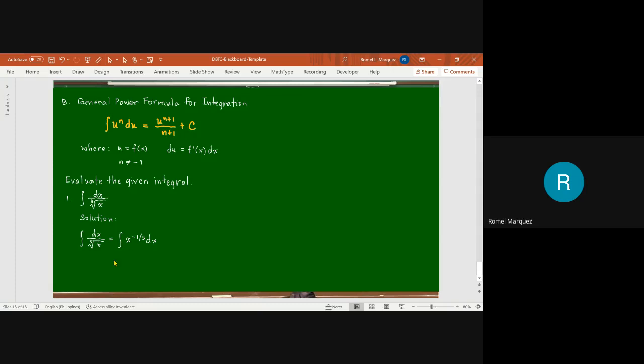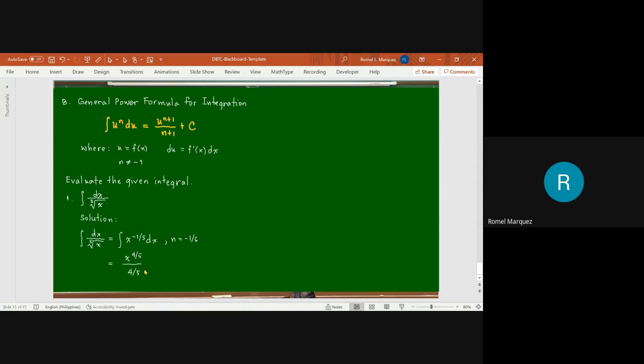What is n here? n is negative 1/5, and that is not equal to -1. So we proceed. When you add 1, the exponent becomes 4 over 5, over 4 over 5, plus c. Simplifying, this is equal to 5 over 4 times x to the 4 over 5 plus c. Okay, guys?